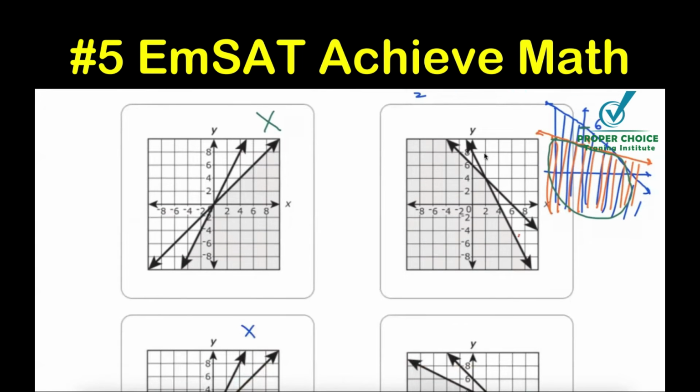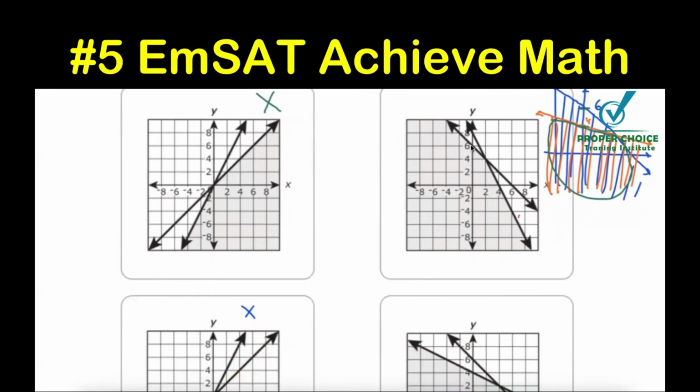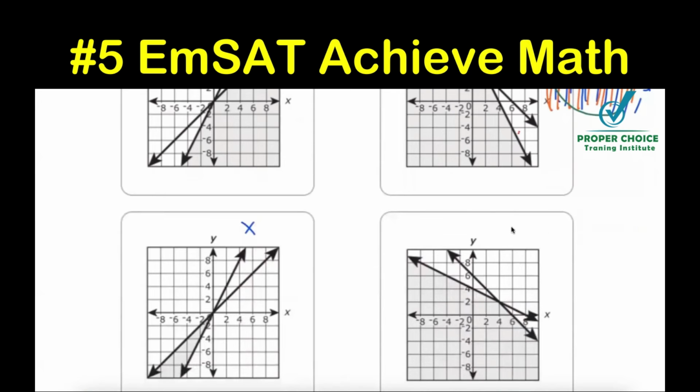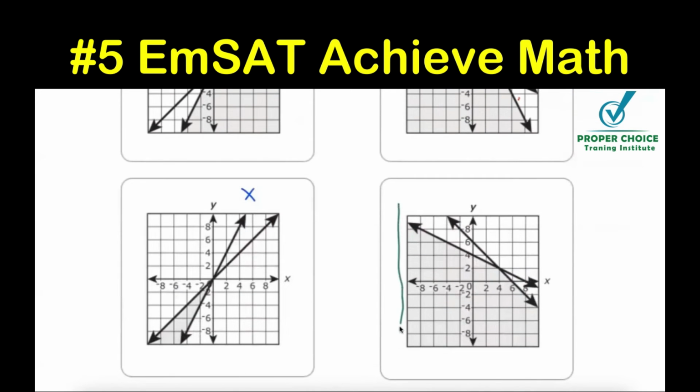And option B could be, but here one of the lines shows y-intercept as positive 6, but the other says positive 8, which is wrong. Option C is also wrong. Then definitely choice D is the right answer. You can see that the y-intercept for one line is going to be positive 6 and the other point here is going to be positive 4. That shows that this is the right choice for the inequality shown.